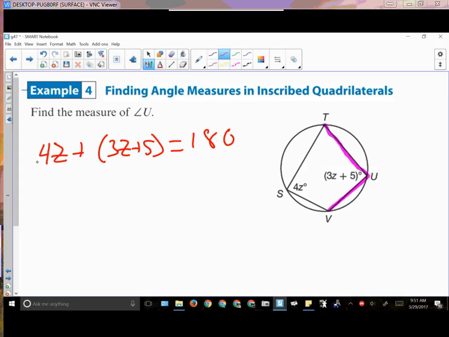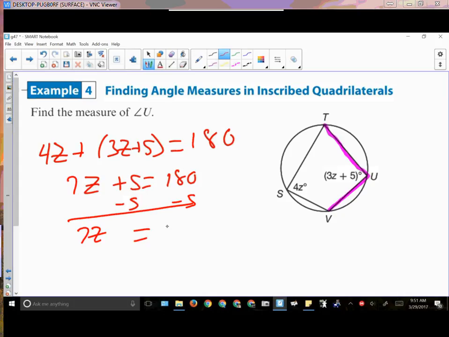So that means I get 7z plus 5 is equal to 180, subtract 5, subtract 5. 7z is going to be equal to 175.